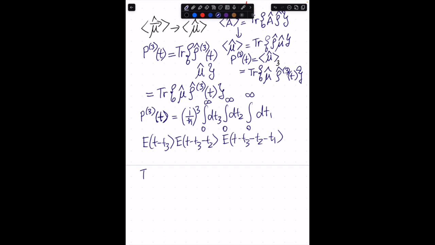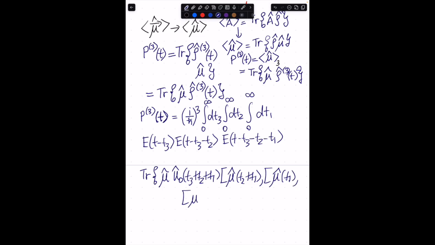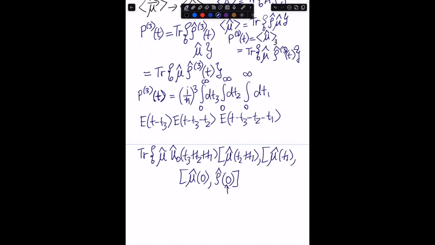So the trace of the dipole operator with the u hat 0, t3 plus t2 plus t1, and then you have the commutators where you have the u hat t2 plus t1, u hat t1, u hat 0 along with rho 0, or you can write rho 0 or rho minus infinity.